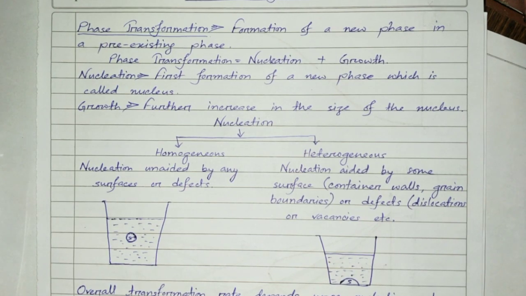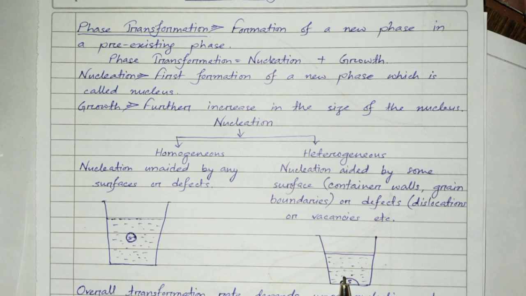But in the actual case, the nucleation takes place by the side of the wall. For example, when you are boiling a bucket of water, you will see that bubbles arise, and those bubbles are generally formed along the container walls, because the nucleation takes place along the wall.